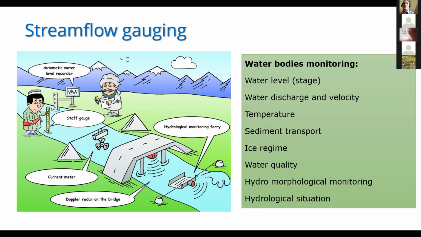For example, on small hydrological stations in Russia, up to hundreds of characteristics. For example, in Latvia, these characteristics are water level, water discharge, temperature, sediment transport characteristics, ice regime, a lot of points of ice regime, water quality, hydromorphological monitoring, and hydrological situation. The next, please.